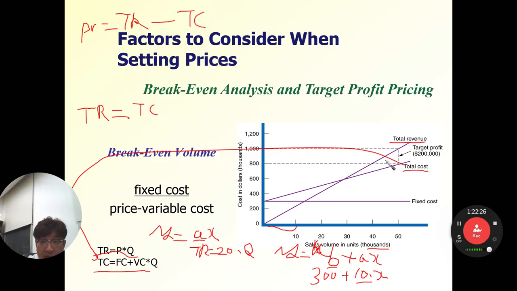So this area is profit. The profit zero point means that total revenue equals total cost. So when we set up the equation like this, you can calculate the break-even point. Let's calculate that in the next slide.